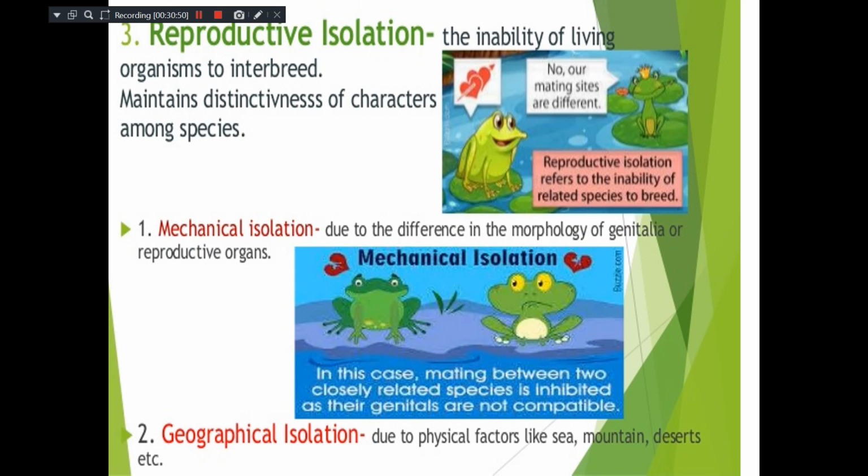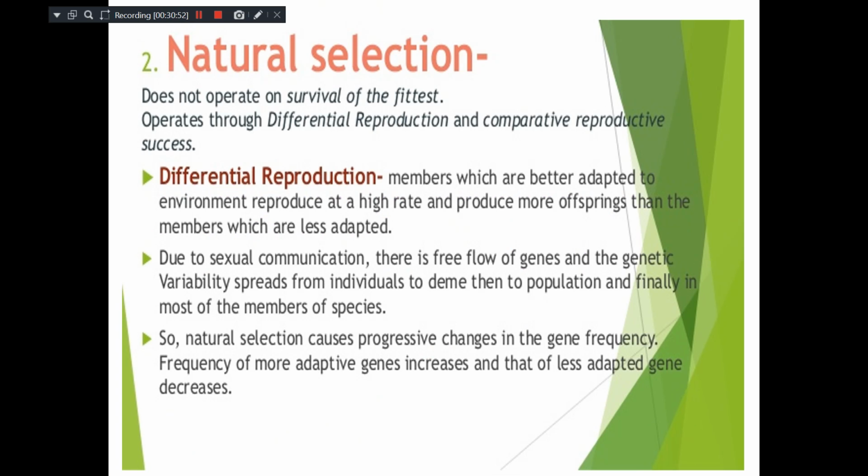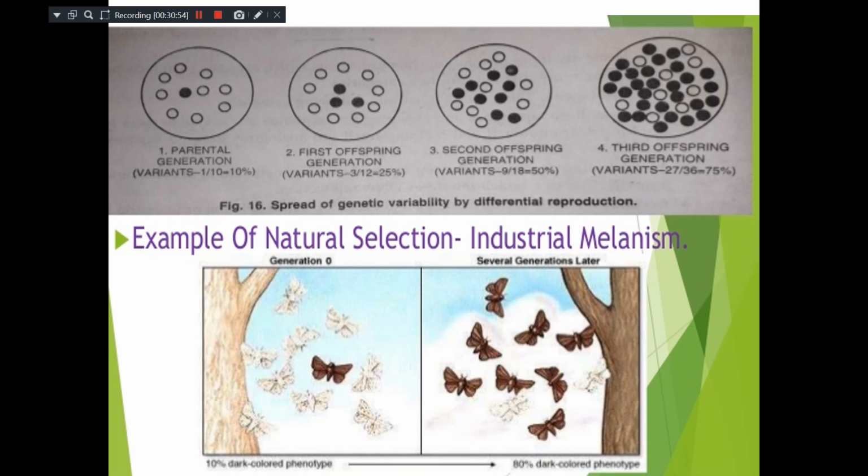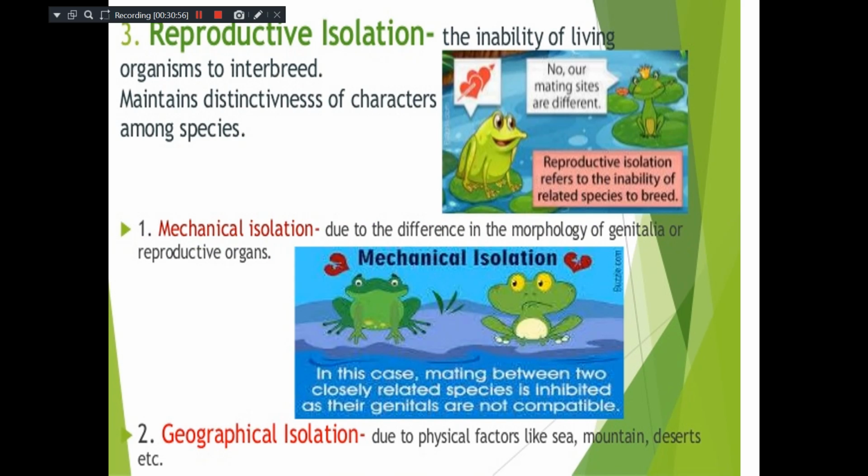Then, like differential reproduction, we have reproductive isolation, the inability of living organisms to interbreed. Sometimes what happens, there are two populations or one population.